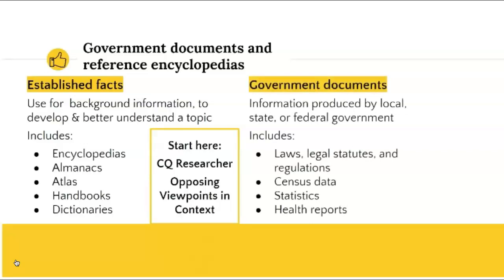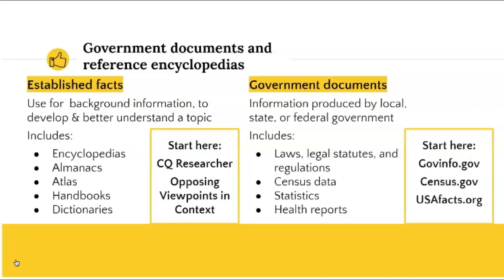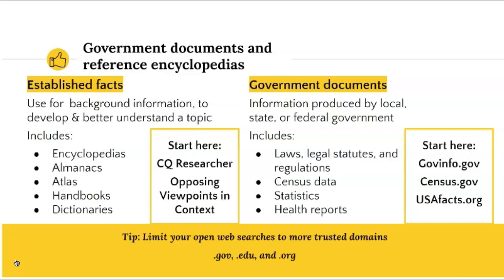Government documents are information produced by local, state, or federal governments. If you need statistics, this might be where you find them. You can search for background information like this on the library's databases or sometimes even on the open web. If you do choose to Google it, try to limit your searches to .gov or .edu to filter out some of the information overload that can occur with a simple Google search.